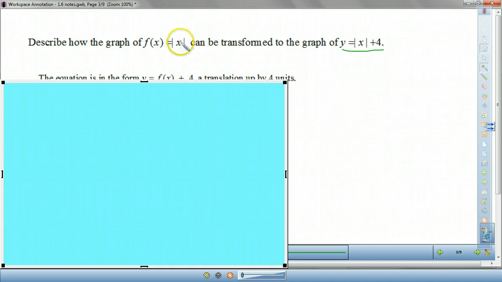So, first thing you gotta ask yourself, is there something next to your x in parentheses? And there is not. So we are not moving to the left or right. But I see this plus 4 out here. That plus 4 is kind of like that H from the first slide. So since it's positive, it tells us we're going to move the graph up.